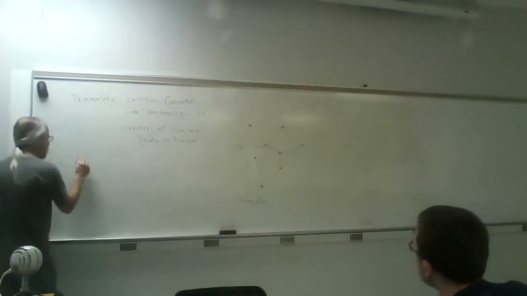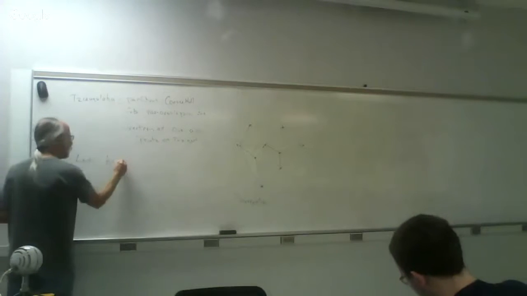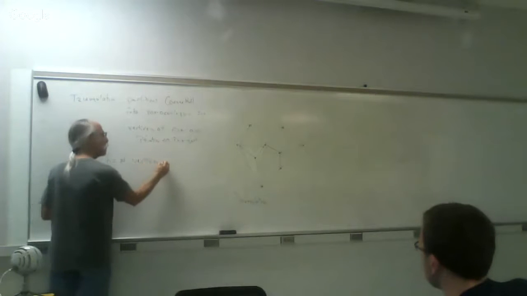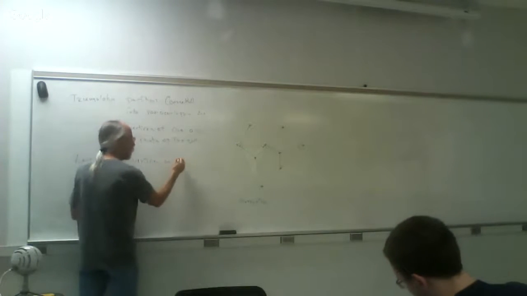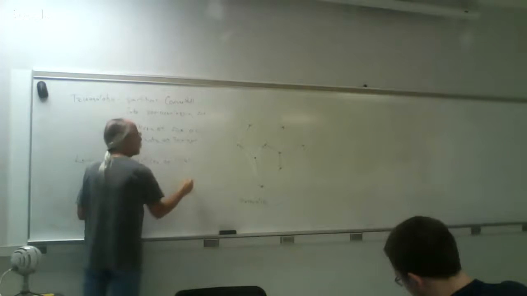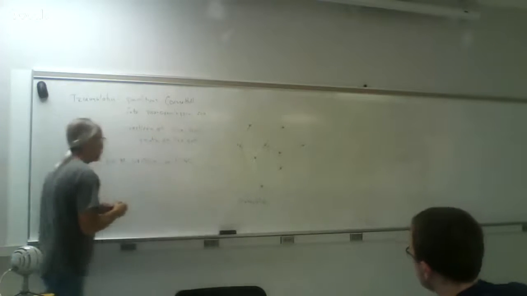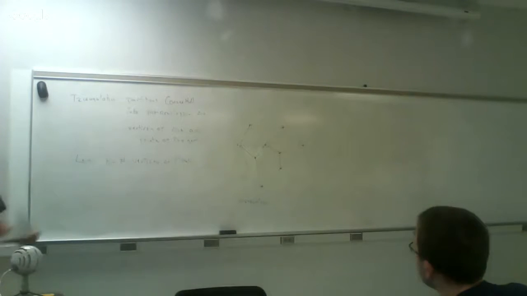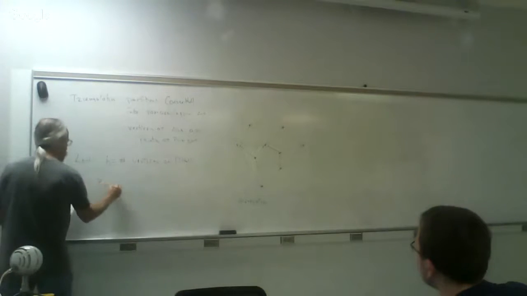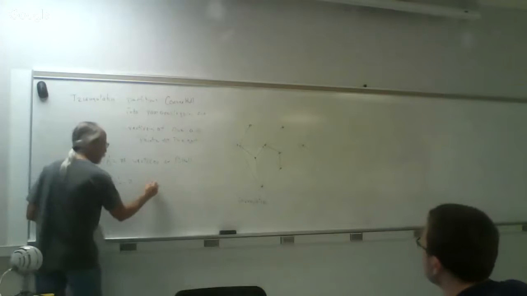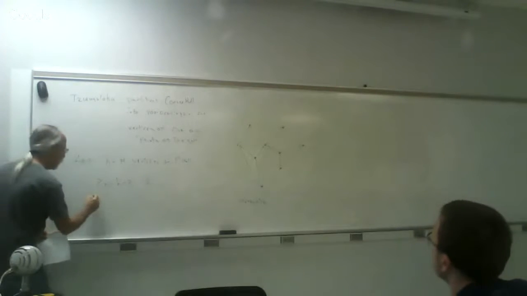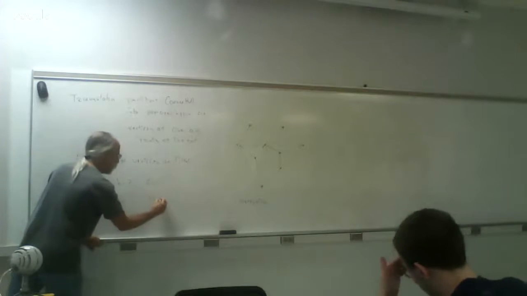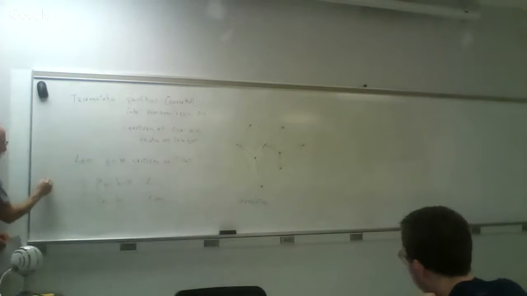Let h be the number of vertices of the convex hull, so these guys that wound up on the outside. Then the complexity of a triangulation looks like this. We have 2n minus h minus 2 triangles in any triangulation, and 3n minus h minus 6 edges. So any triangulation.